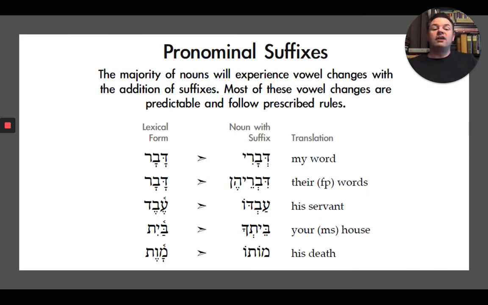The majority of nouns will experience vowel changes with the addition of a suffix. We've seen this before. When you're adding something, you're going to have those prescribed rules of vowel reduction, particularly as you get to a pro-pretonic syllable, right? So you've got the word davar, which means word. If you wanted to say my word, divari, right?